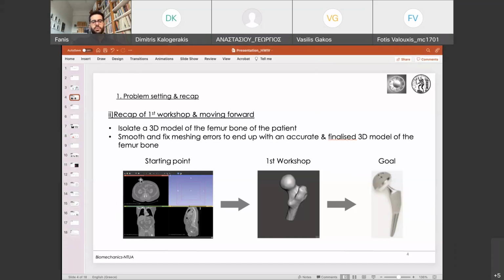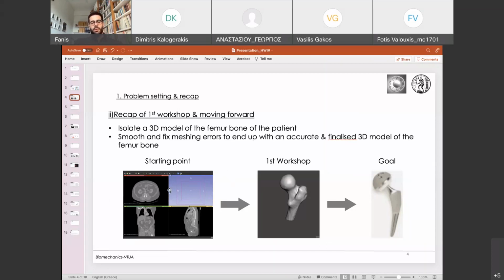The difficult part was to distinguish the ball of the bone from the pelvis, because it's essentially a ball and a socket, and the boundary between the ball and the socket is sometimes hard to distinguish. So we were able to distinguish that and extract a 3D model of the top part of the femur bone.